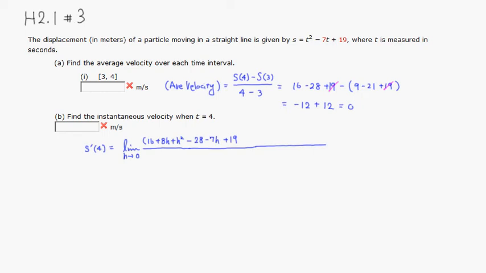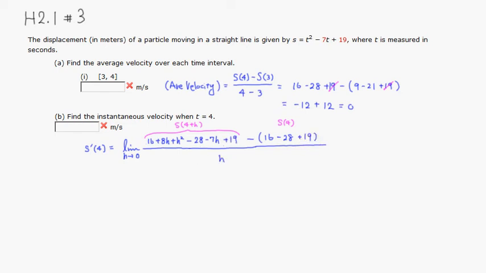I'm going to clean up a bit. So this is s of 4 plus h. Then you have to subtract s of 4. You plug in 4 there, so 4 squared is 16, minus 7 times 4 is 28, and plus 19, then all over h.